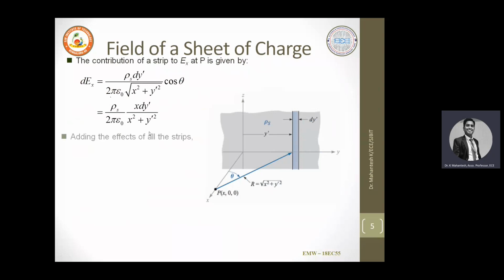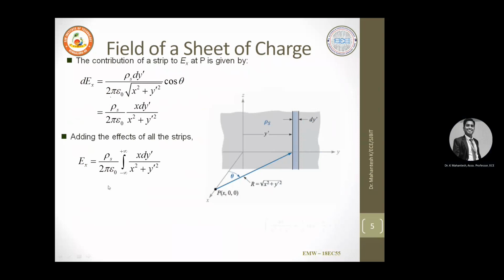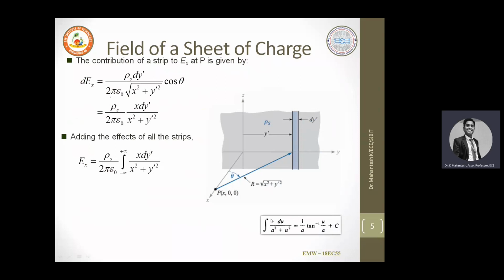Adding the effects of all the strips, we get Ex equal to the integral from minus infinity to infinity of x dy dash over x square plus y square. I am going to take the constants outside the integral. Remember your basic integral calculus: the integral of du over a square plus u square is equal to 1 over a tan inverse u by a, plus a constant.